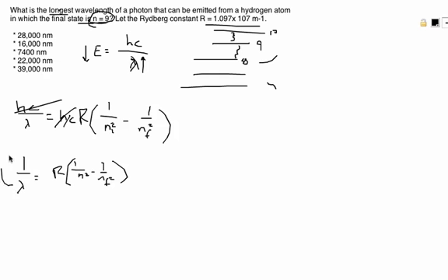And if we flip this, then we have to flip this, so that leads to lambda, our wavelength, which is what we're looking for, is basically 1 over R times our 1 over initial n squared minus the final n squared.